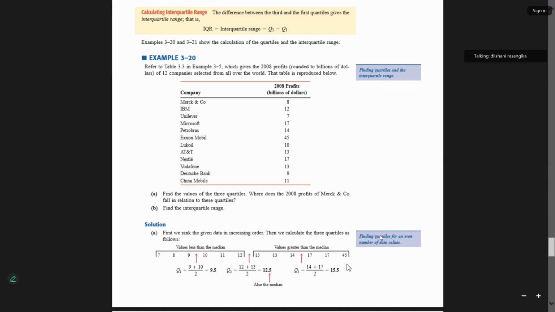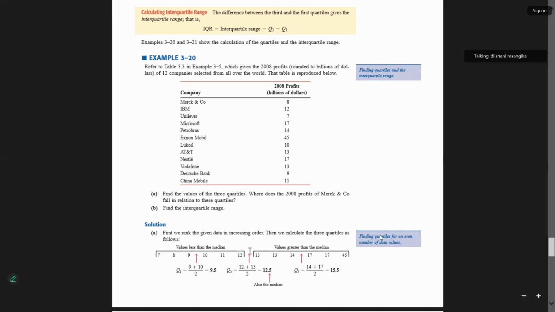Then we know for an even number, we can divide it into two parts with no remainder. So we can divide these 12 data into exactly two portions, which means there's no middle position.